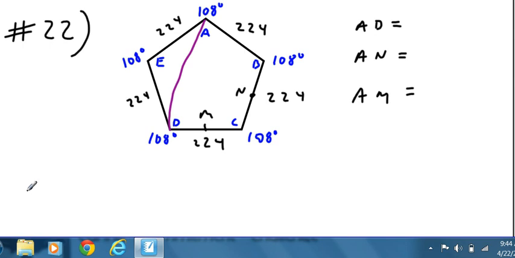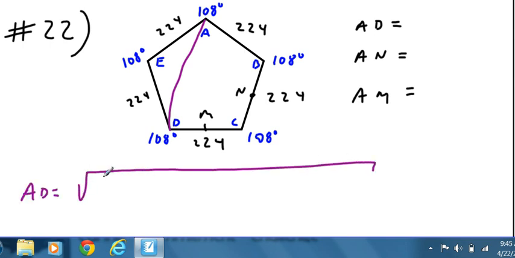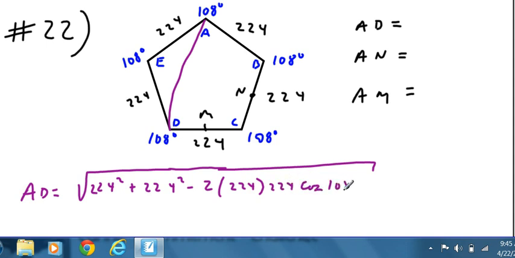All right, so A to D is the square root of 224 squared plus 224 squared minus 2 times 224 times 224 times cosine 108.